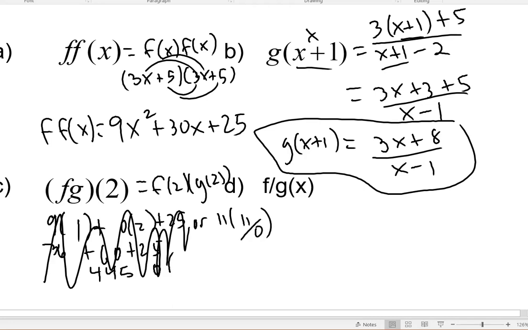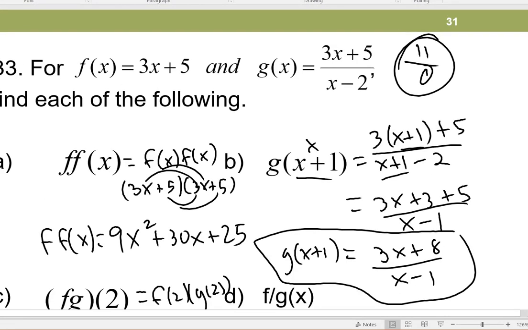We can't divide by 0, right? So this would have no solution, or it is undefined, I guess would be better. Why? Because g of x has a restriction right here that the domain cannot equal 0, so x cannot equal 2. So anywhere I'm asking x to equal 2, that would not be correct.